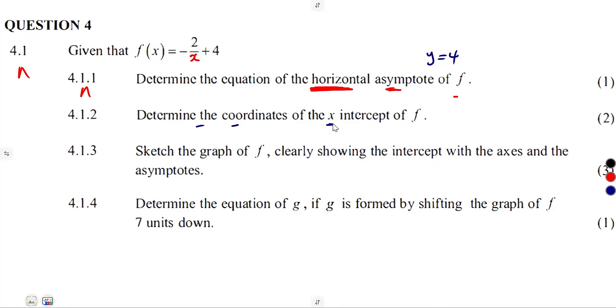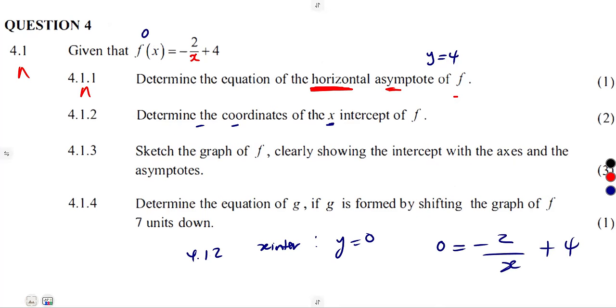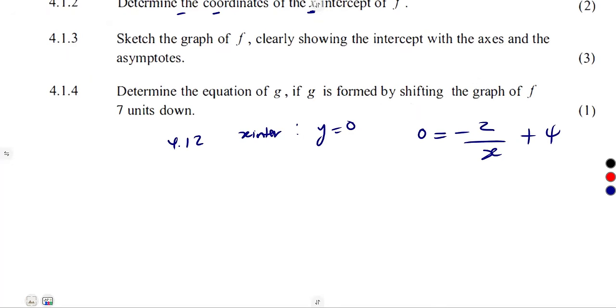Determine the coordinates of the x-intercept. So we do understand for the x-intercept, y must be equal to 0. So in place of f of x, put a 0 there. So 0 is equal to -2 over x plus 4. So let's quickly solve for x. Take the 4 to the other side or subtract 4. That was going to be 0 minus 4, which is -4, is equal to -2 over x.